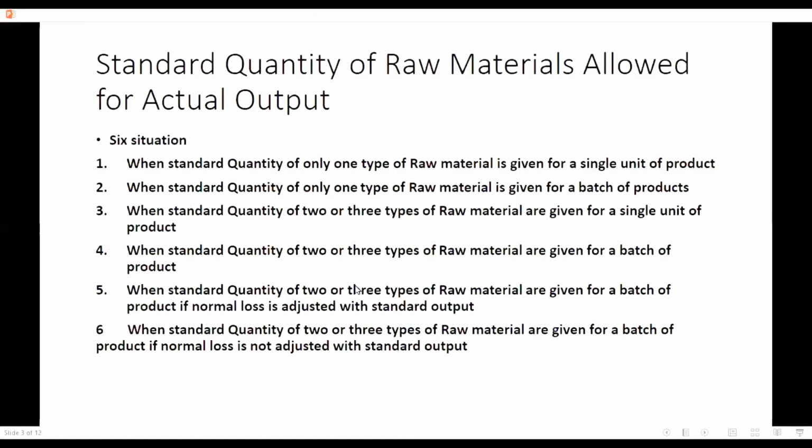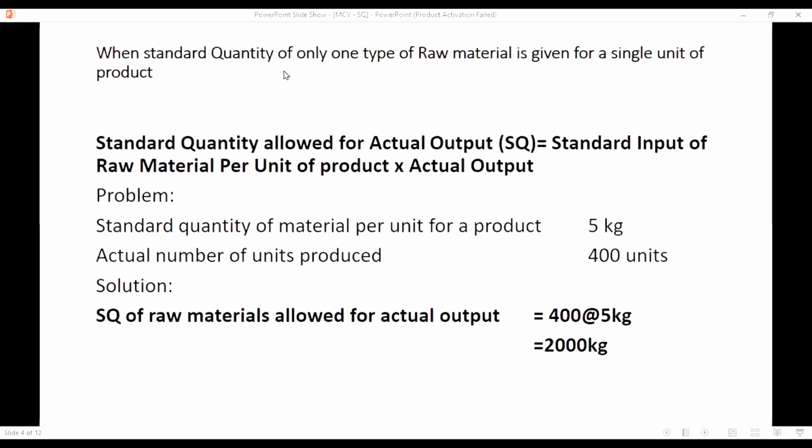So these are 6 different situations where standard quantity of raw material is calculated for actual output by two methods. First, when standard quantity of only one type of raw material is given for a single unit of product. The formula for standard quantity allowed for actual output is standard input of raw material per unit of product into actual output.